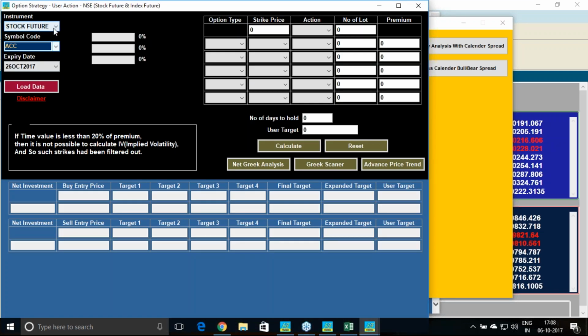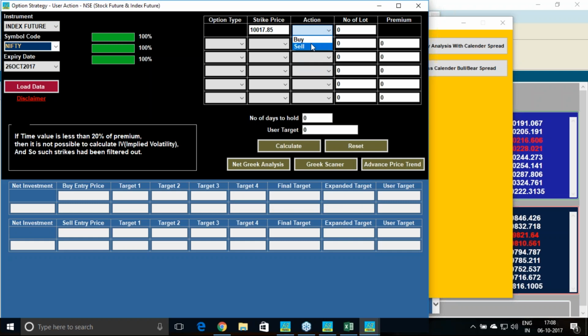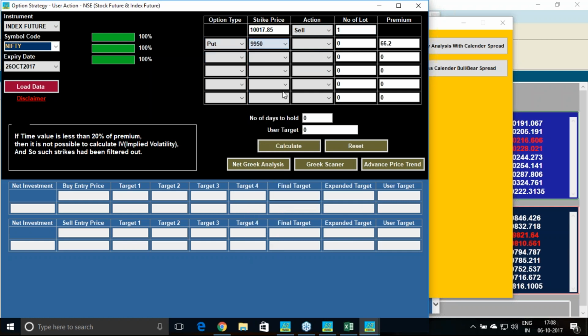Again, I am just going to show you the same strategy. Index future, Nifty, and load data. If you are a user of the option strategy software, you can think of this one. So you are selling one lot of the 9950 put option, and you are buying the 10,100 call option because this is near to my second target.